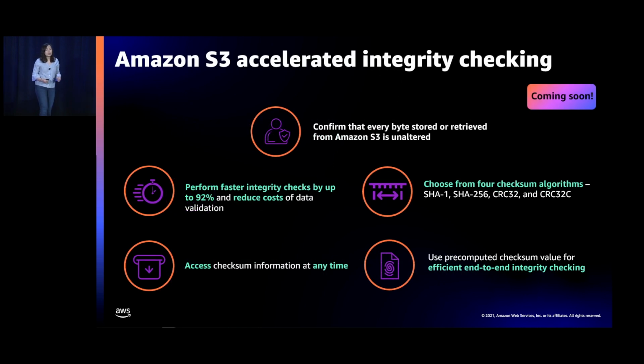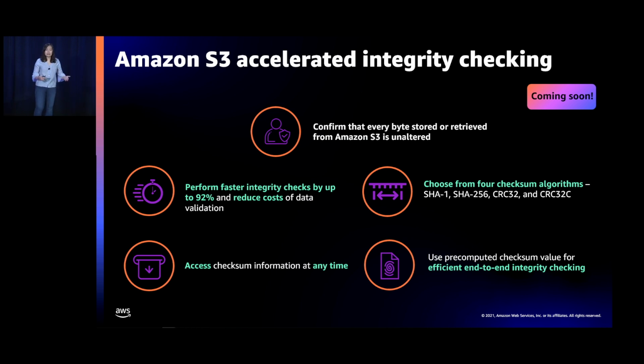We'll be launching Amazon S3 Accelerated Integrity Checking, a new feature that automatically calculates and verifies checksums during your S3 operations. S3 is able to perform faster integrity checks by up to 92% and at a much lower cost. You can choose from 4 checksum algorithms: SHA-1, SHA-256, CRC32, and CRC32C, and you can access that checksum information at any time.